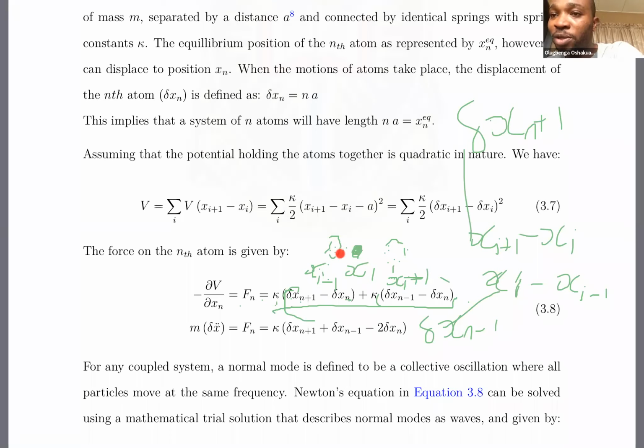So we'll be talking about xn plus 1 minus xn. I think this one should be xn minus 1. I will look through this and get back to you. So, okay, no, it's correct this way. Then when we simplify this expression, we can open this bracket and collect like terms. We would have the last expression here, which is equation 3.8.